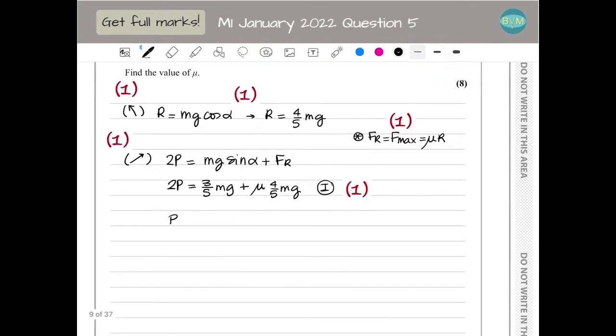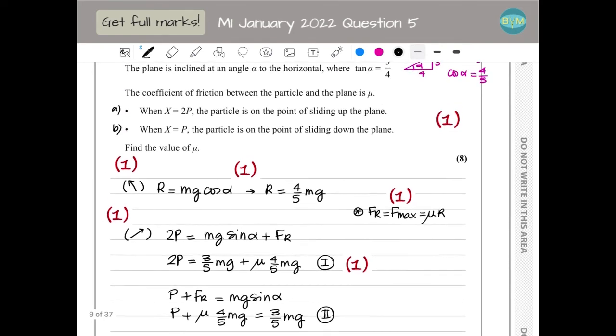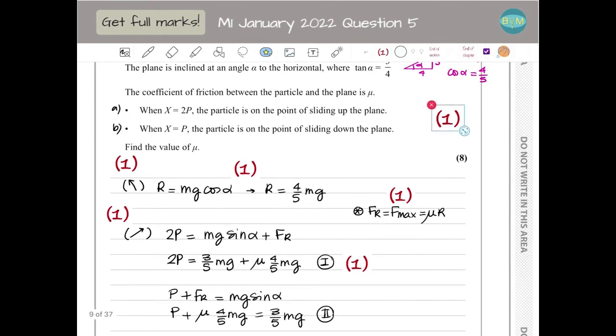P pointing up plus the friction pointing up is going to be mg sine of alpha pointing down. P plus mu normal reaction, and again I'm going to write the normal reaction that I found before, is going to be 3/5, which is sine of alpha, mg. And this is my second equation, and this is again 1 mark.